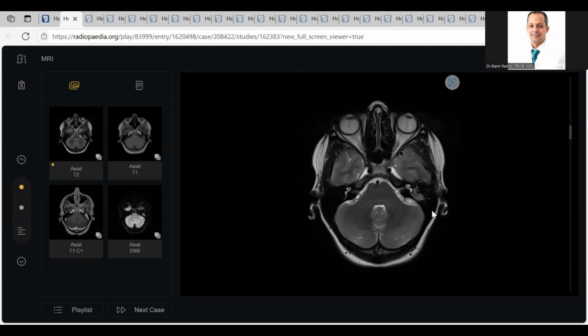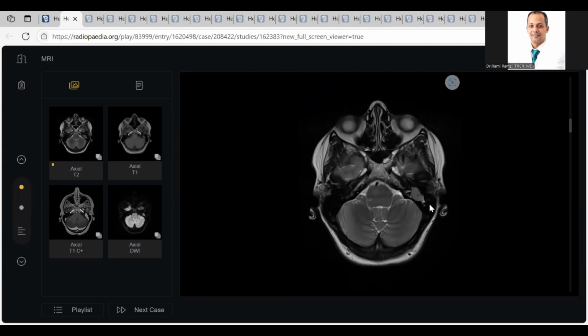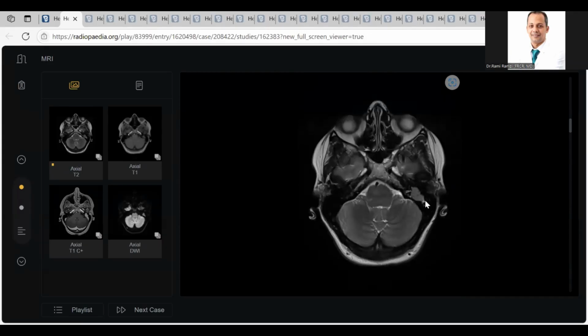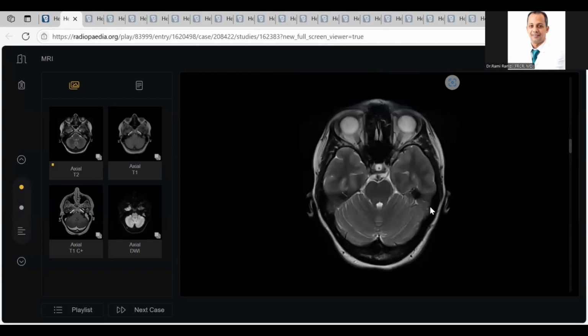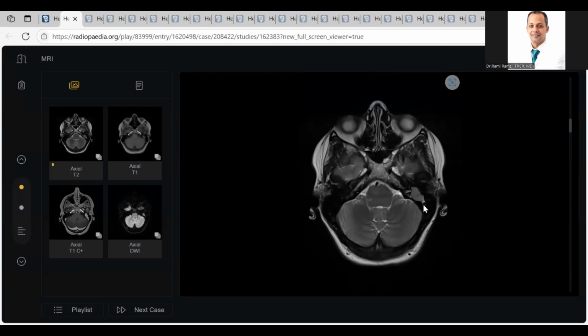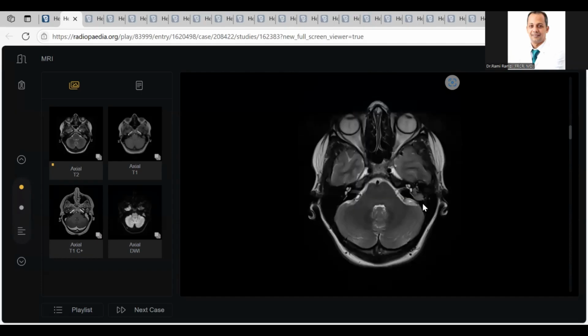Noted in the left mastoid air cell. Not mastoid, this is the middle ear cavity. Yes, not middle, but this is within the left ear. Okay, no problem. Go on. It is showing an iso to hyperintense signal on the T1 weighted images.